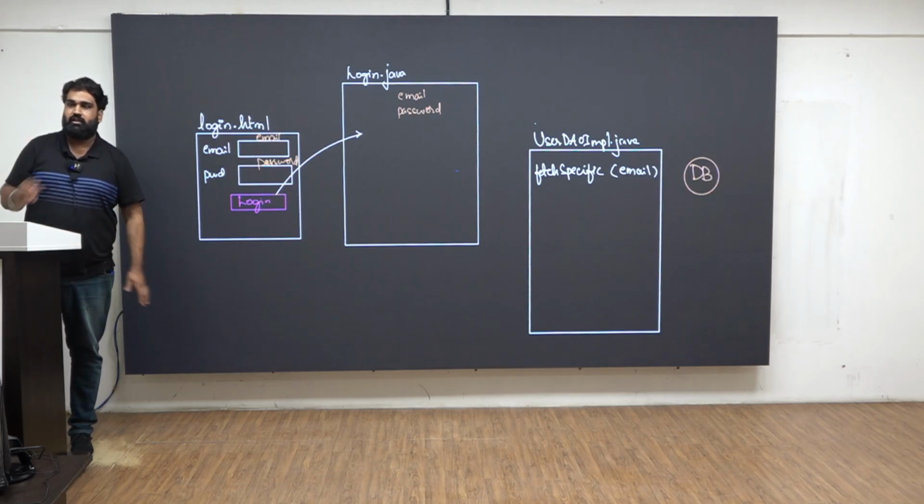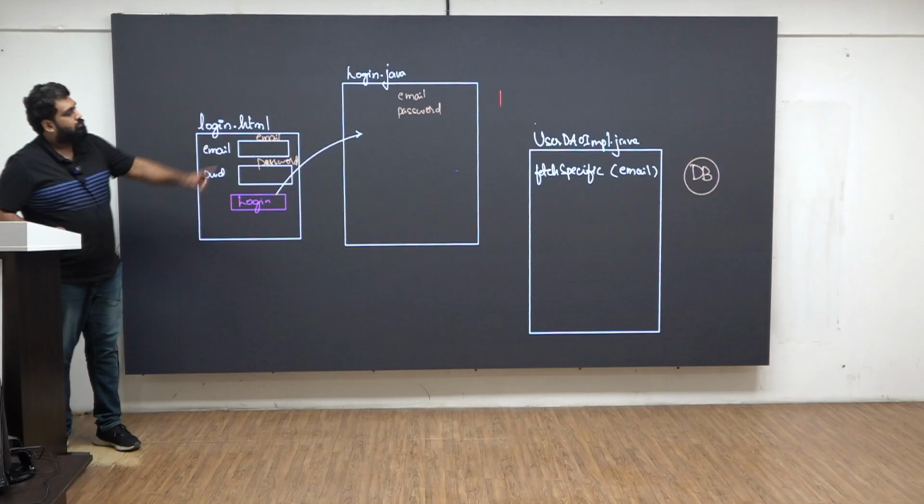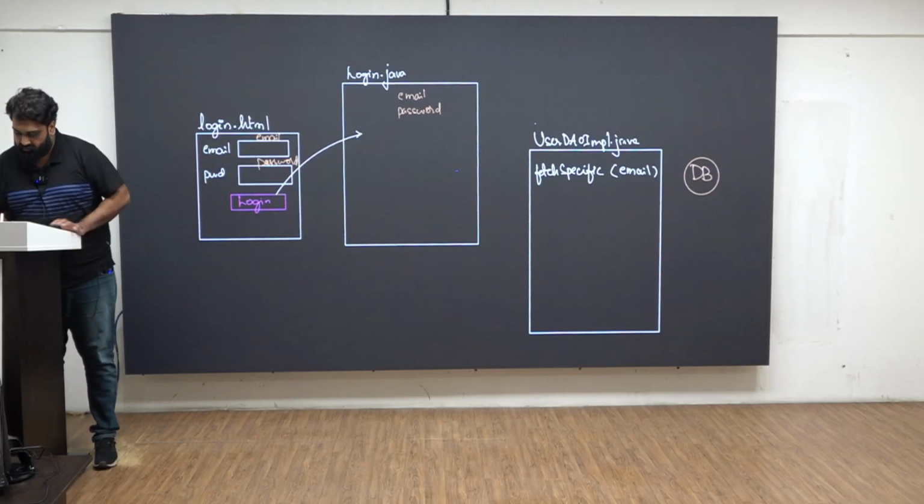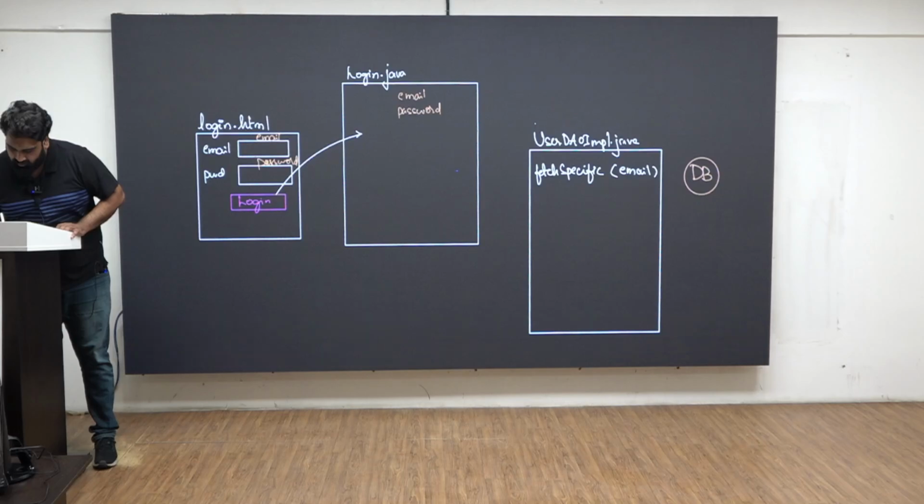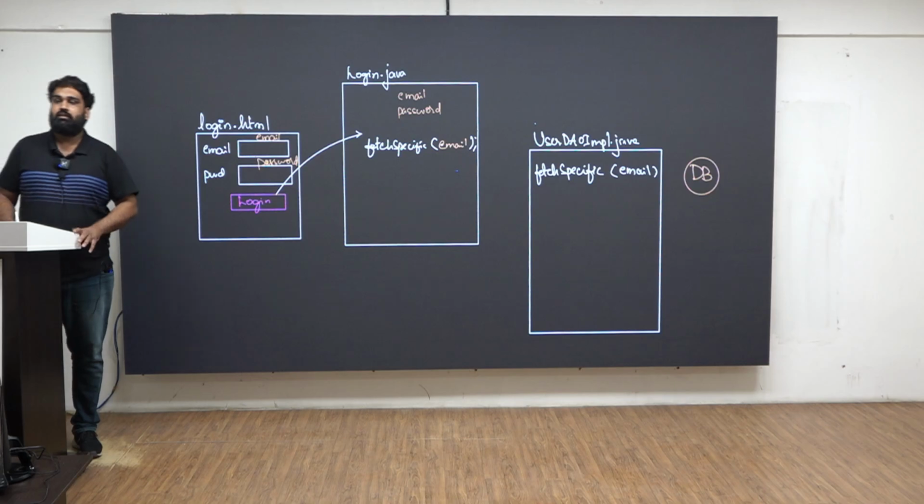I want you to change it to email. I mean login.java will call this method fetch specific on whatever the email that it has collected here, right?